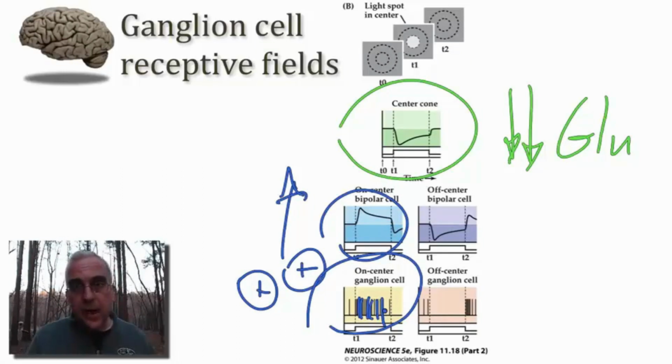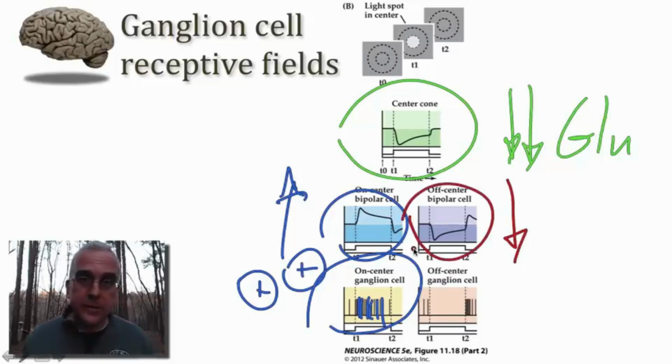Now let's think about what happens to the off-center bipolar cell. So when there's less glutamate being released, that means that there's going to be less glutamate to interact with the NMDA receptor, and that's going to lead to the hyperpolarization of this off bipolar cell.